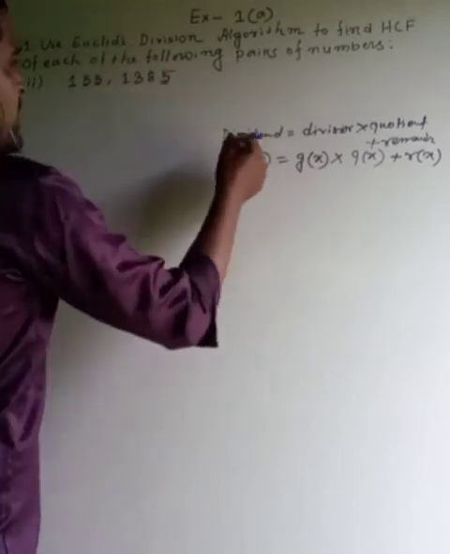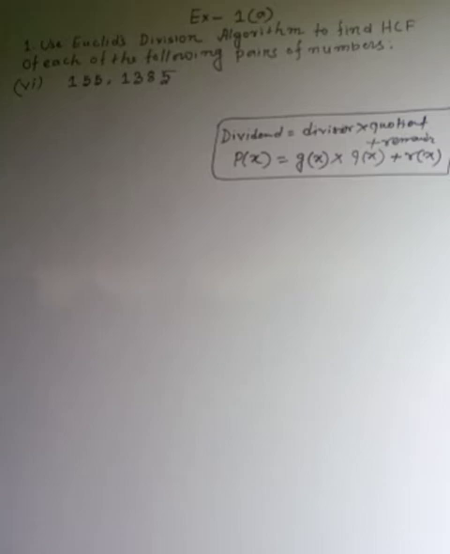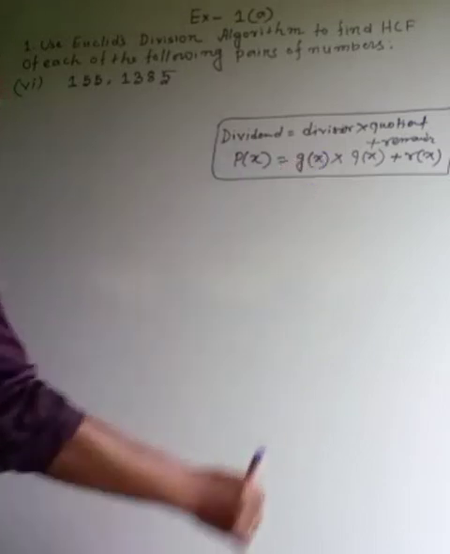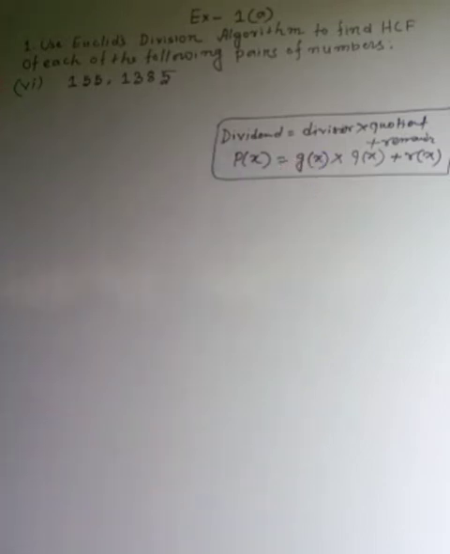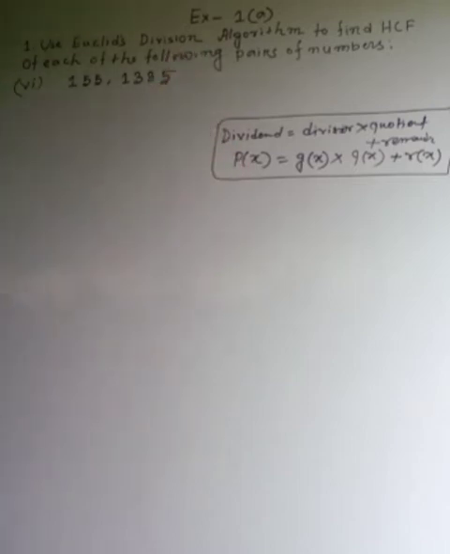So this is only the Euclid's division algorithm. Also we can say this is called Euclid's division lemma. You can see it in your book. So we have to apply this formula and get the HCF.